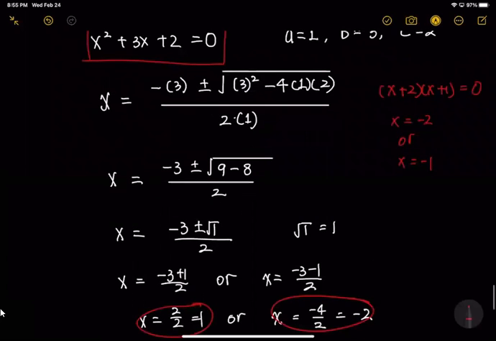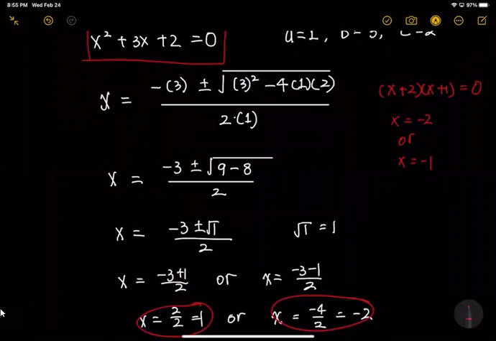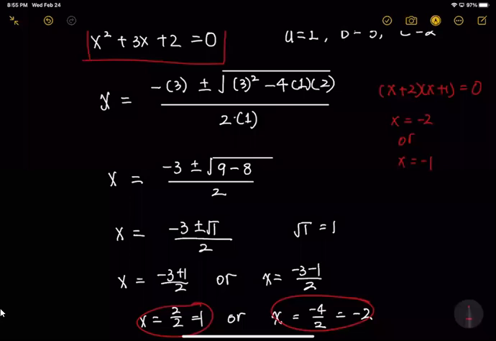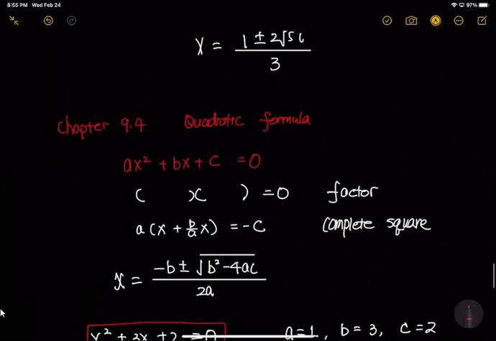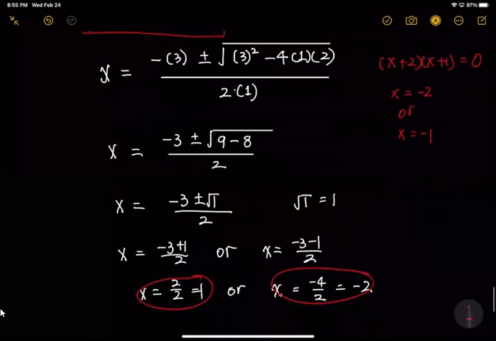So you may wonder why you spend so much time to use the quadratic formula if the AC method is so easy to get to the final answer. That's correct, because sometimes when you solve a quadratic function, they might not be able to factor, or it's really hard for you to complete the square. In that case, you can use the quadratic formula.